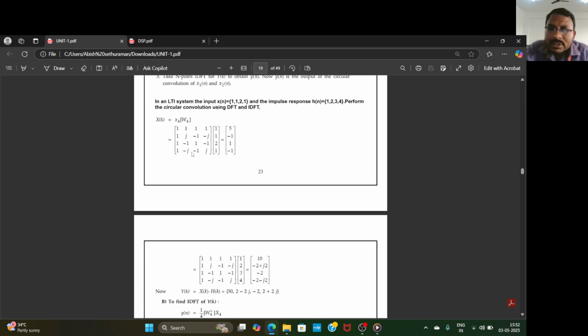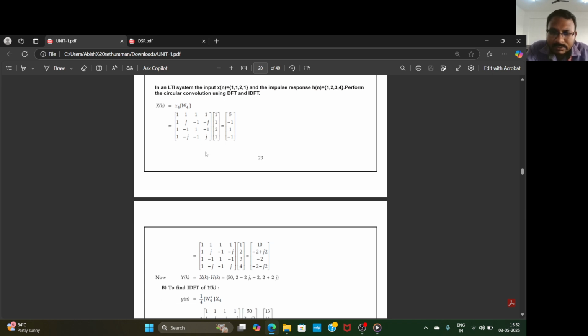The W4 matrix is 1 1 1 1, then 1 minus j minus 1 j, 1 minus 1 1 minus 1, then 1 j minus 1 minus j. So this is the W4 value. Then we performed it on the x of n samples 1, 1, 2, 1. Using row and column wise multiplication, we obtained the answer 5, minus 1, 1, minus 1.